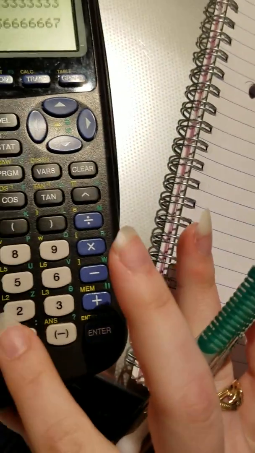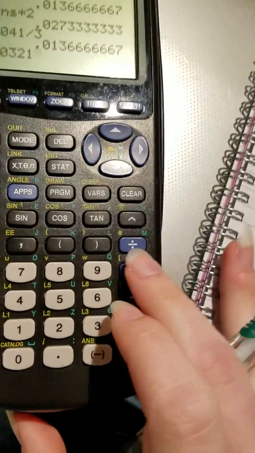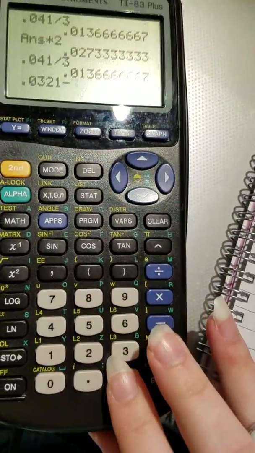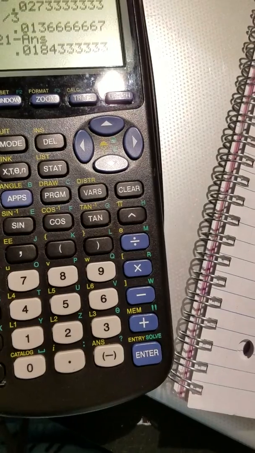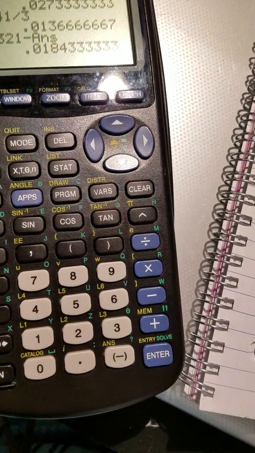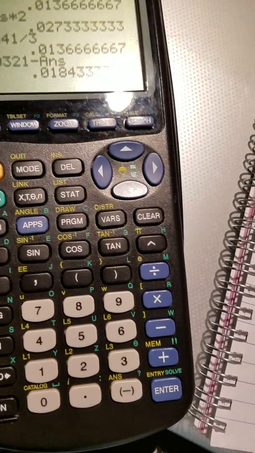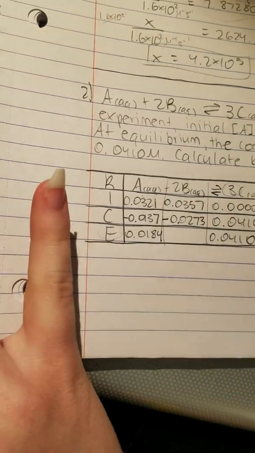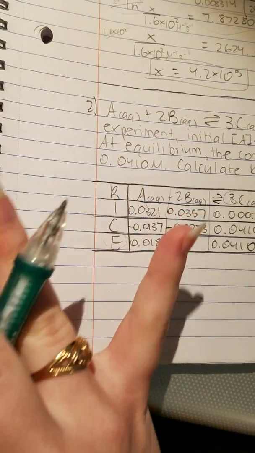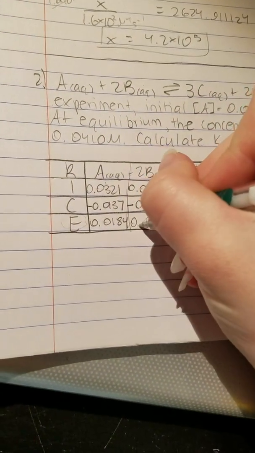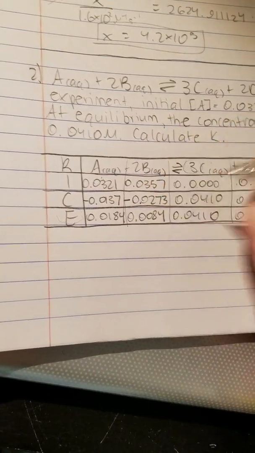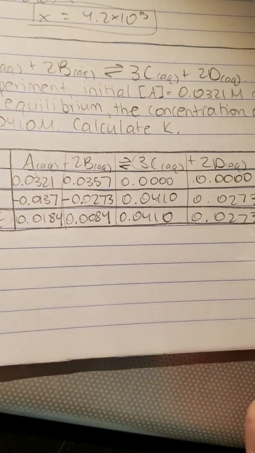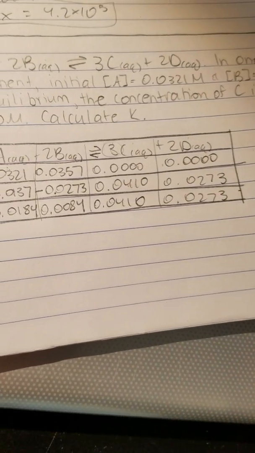So you just do 0.0321 minus 0.0137, you get 0.0184. And then you just calculate the equilibrium for B the same way, so 0.0357 minus 0.0273, and you get 0.0084.